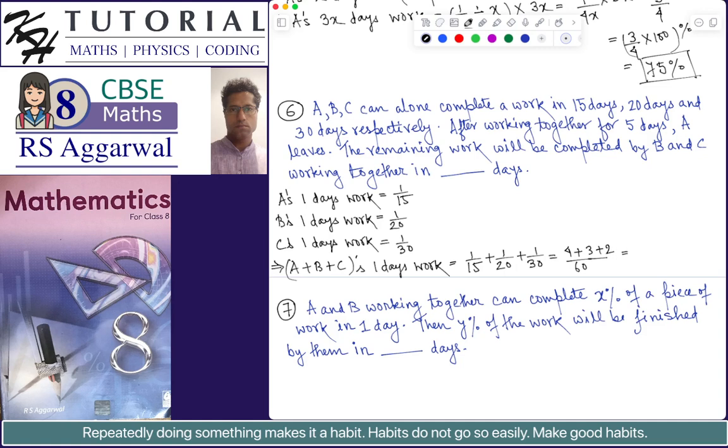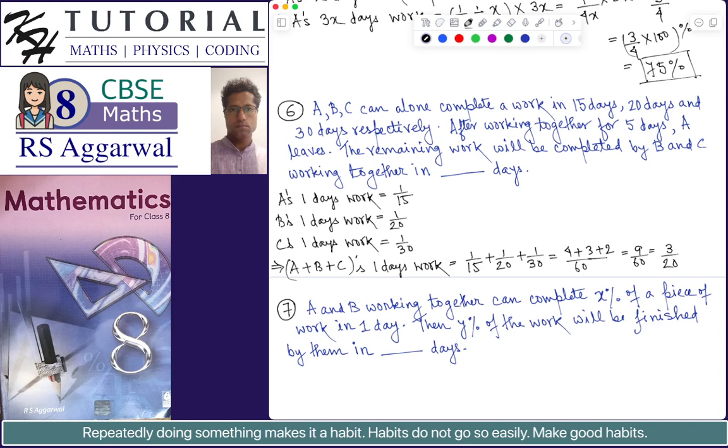This is equal to 9 by 60, which is equal to 3 by 20. So the amount of work done in 1 day when A, B and C all are working together is 3 by 20.